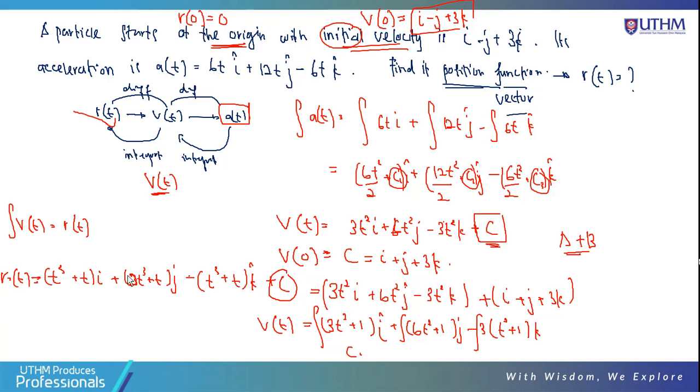So C equal to 0. So your final answer is that r(t) equal 3 plus t i plus 2t 3 plus t j minus t kuasa 3 plus t. Okay, so this is your answer.